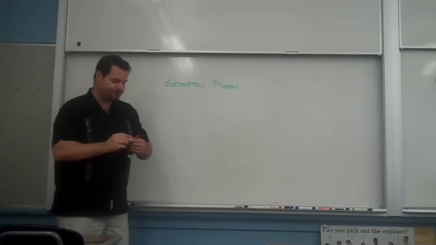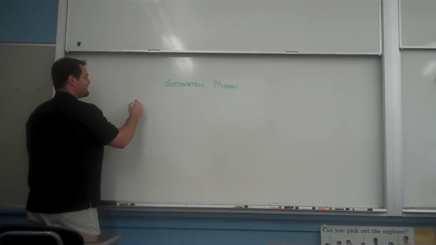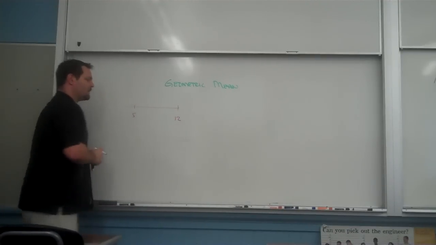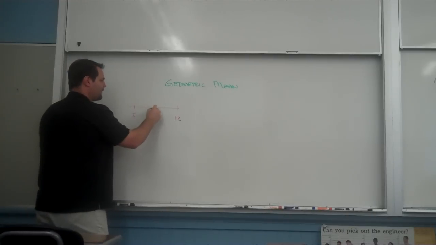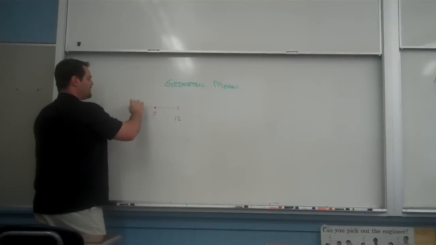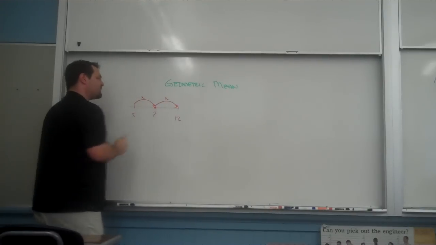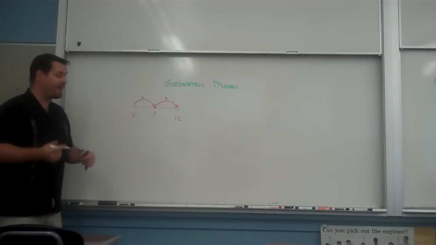Remember the arithmetic mean? That says that if I have two numbers on a number line, and I'm looking for some value in the middle, such that when I add a number, and then add that number again, this will be exactly in the middle. This is what we call the average.